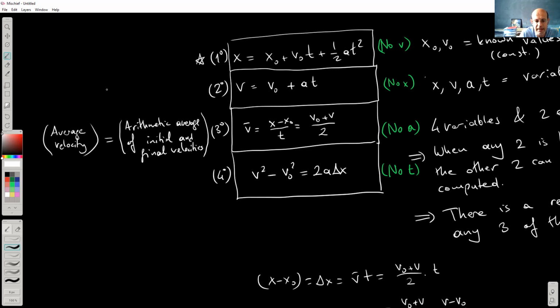But there's a danger in here. Some people may assume that this might also be valid for motions where the acceleration is not constant. So let's say it like this. This equality is valid for constant accelerations only. That's important to remember.